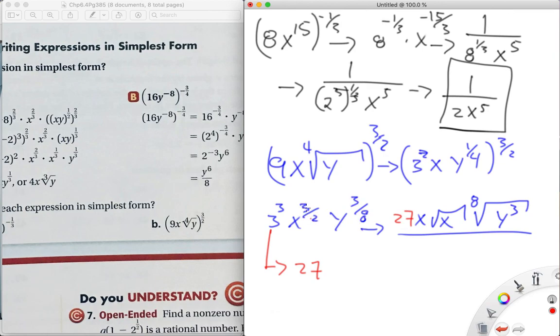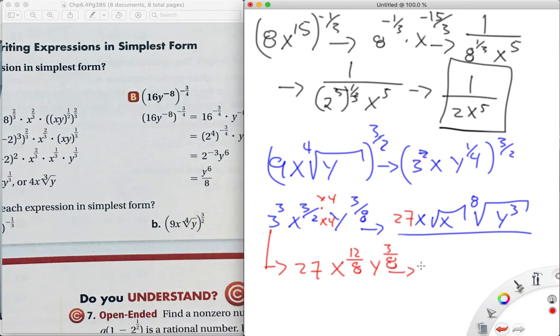This has a 3/2. I could multiply this top and bottom by 4. And now I have x to the 12/8 times y to the 3/8. Right, just like I said before, I could pull out x to the 8/8, which makes it x, and I have 4/8 left over, which is still 1/2.